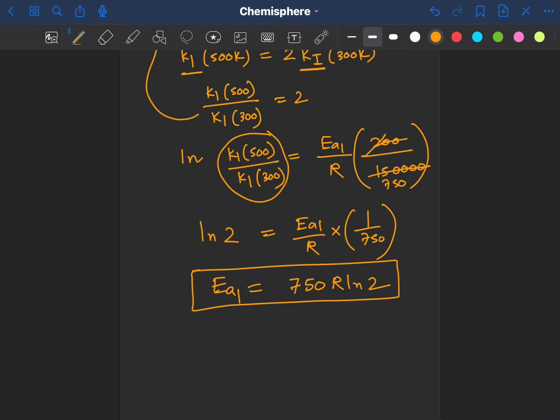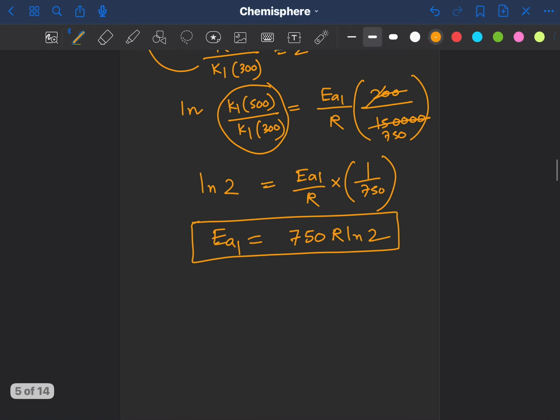Okay, now some prerequisite about activation energy: it is the minimum extra amount of energy absorbed by reactant molecules, so that their energy becomes equal to the threshold value, that is known as activation energy.